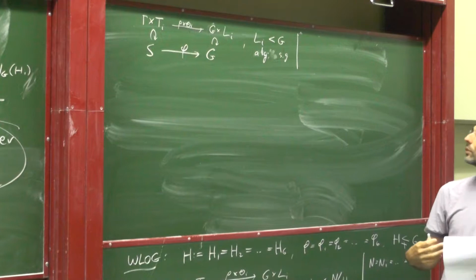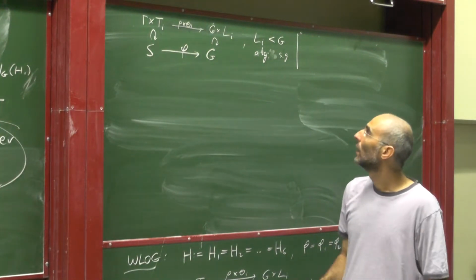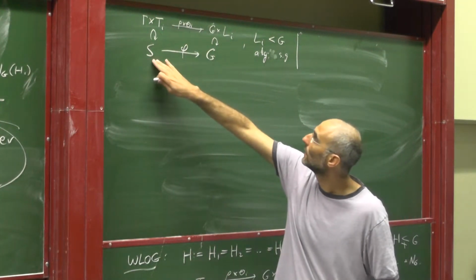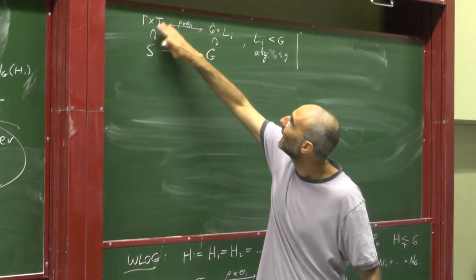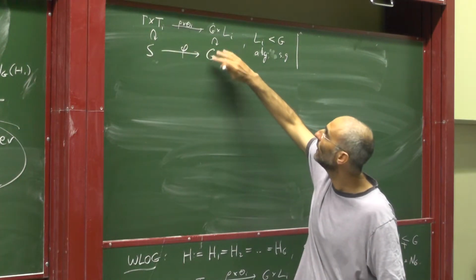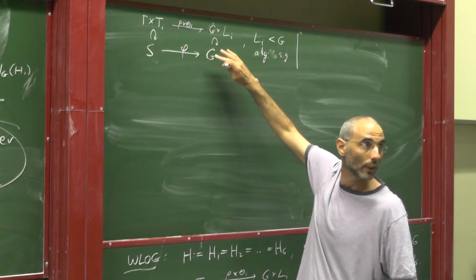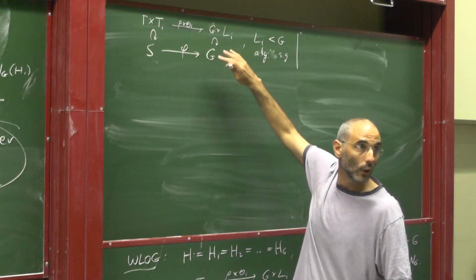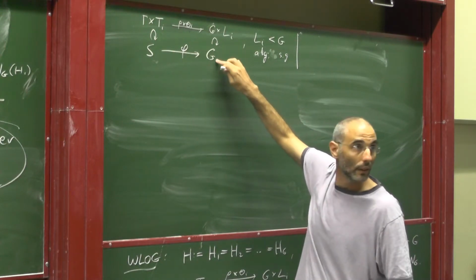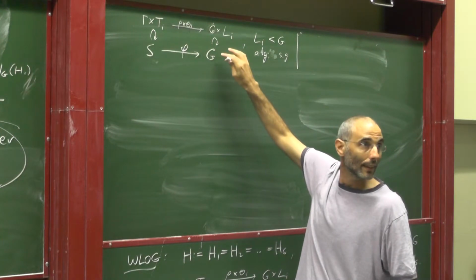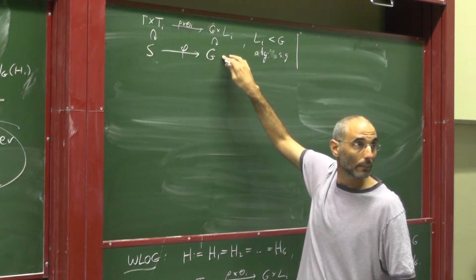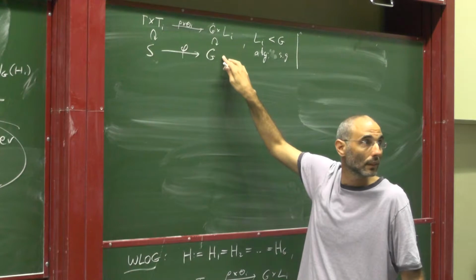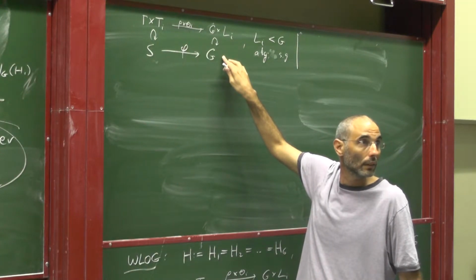So somehow I want to say, hey, the Ti action, I can actually see it here, and it extends into the S action here. But I don't know that the Ti's do act here. I don't know that they generate S in here. Maybe they generate something else in here.